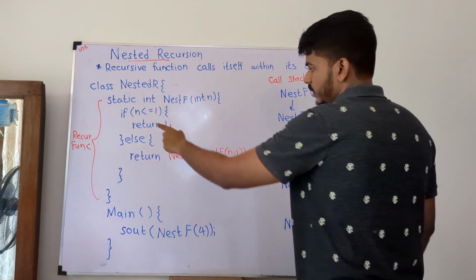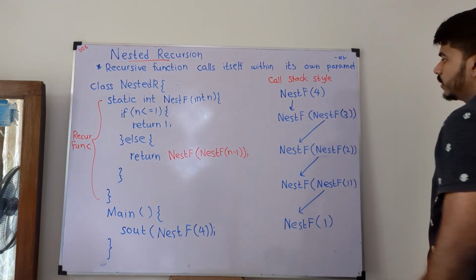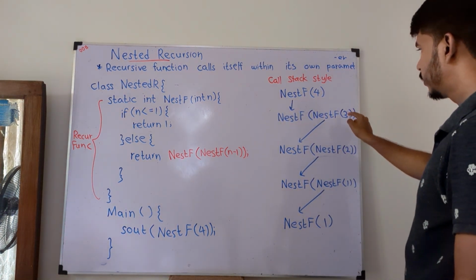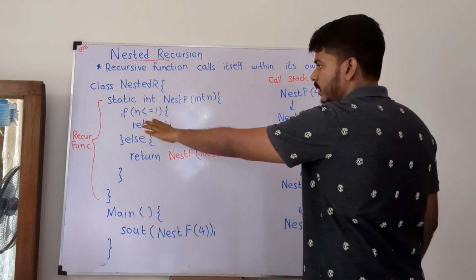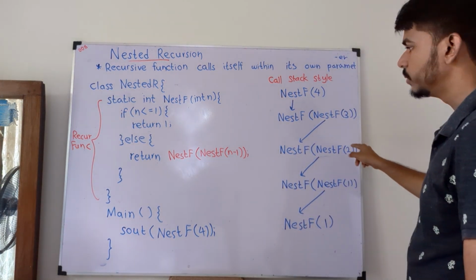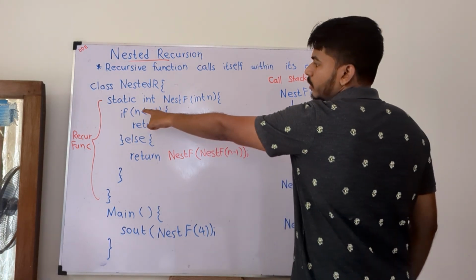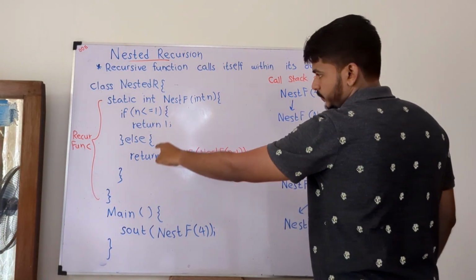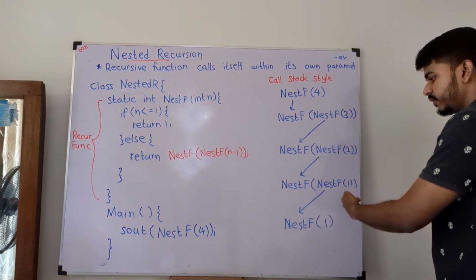If it's not, then it's going to return nestF(3). Then that nestF(3) checks whether 3 is less than or equal to 1. No. Then it's going to return nestF(2). Then that nestF(2) also checks whether 2 is less than or equal to 1. No. Then it's also going to return nestF(1).